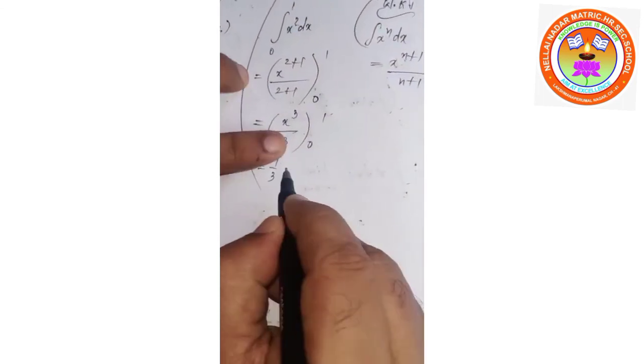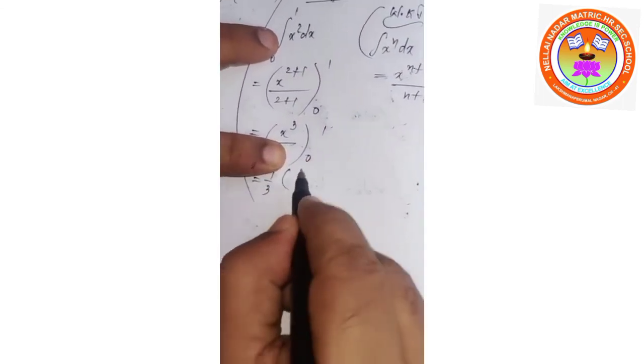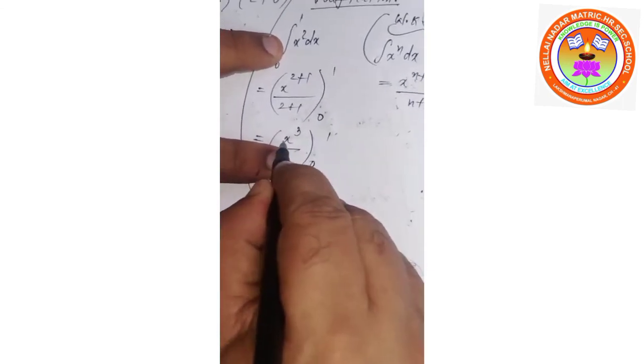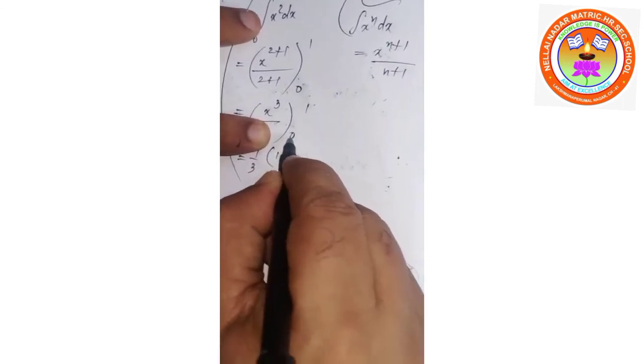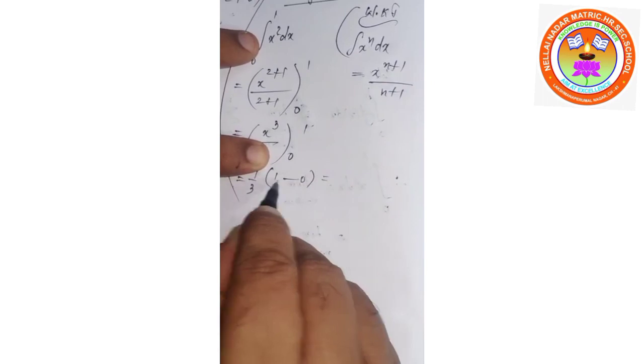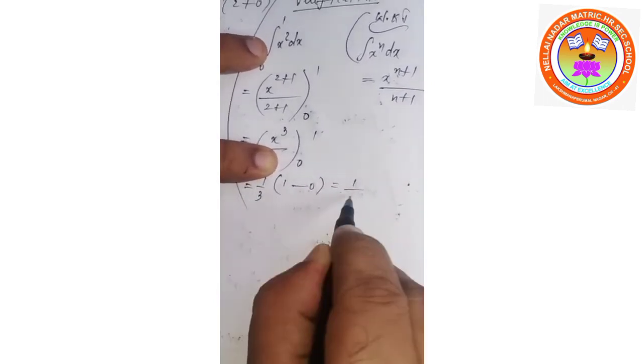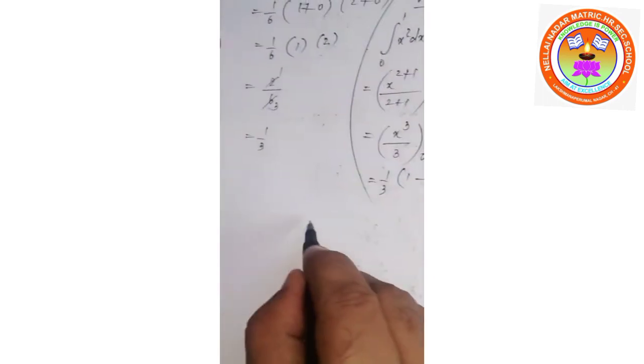First write 1 by 3, so you have only x cube. Apply the upper limit, replace x by 1, 1 cube is 1, minus 0 cube is 0. 1 minus 0 equals 1, 1 into 1 by 3, same 1 by 3 as here.